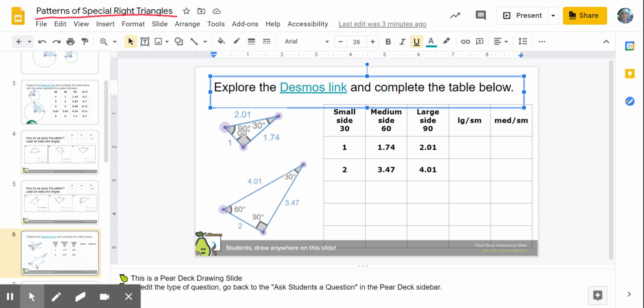So let's write down some of these too. We'll write down 4.5 and 7.79 and 9. And we'll come down here and we'll try to get a 4. So we can do 4 and 6.93 and 8.